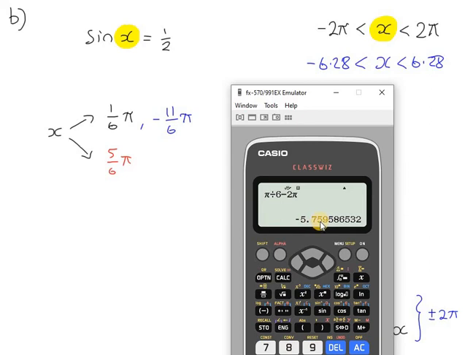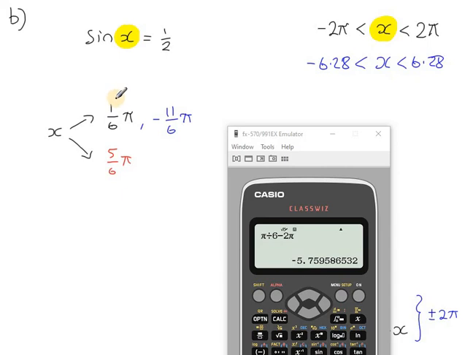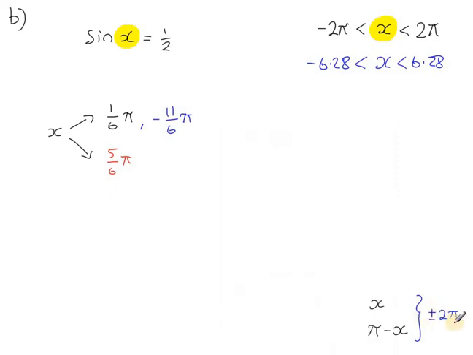Minus 5.76 radians is within the interval here, so that's a good angle. I want this, and I want to write it down in its exact form. If I add 2 pi to 1/6 pi, it will take me outside the interval, so I don't want to add 2 pi here.